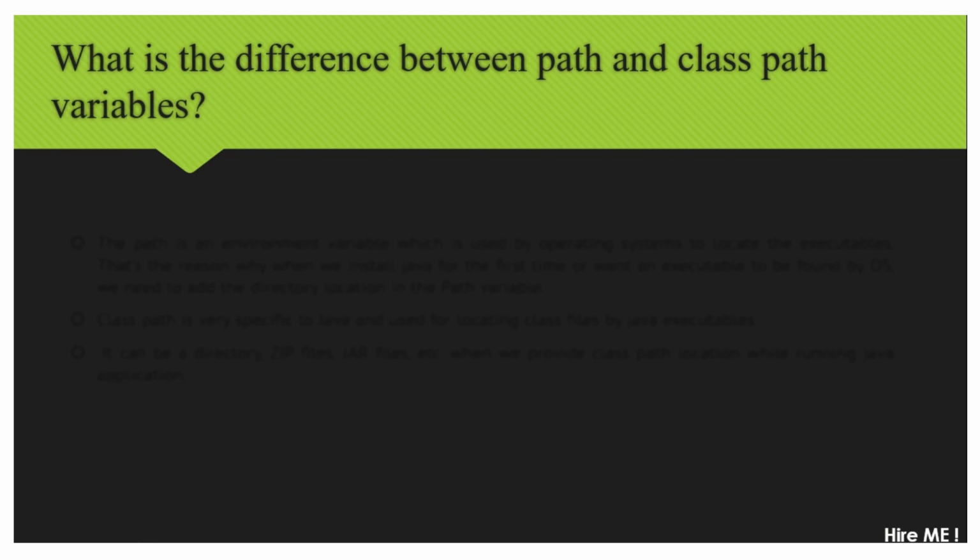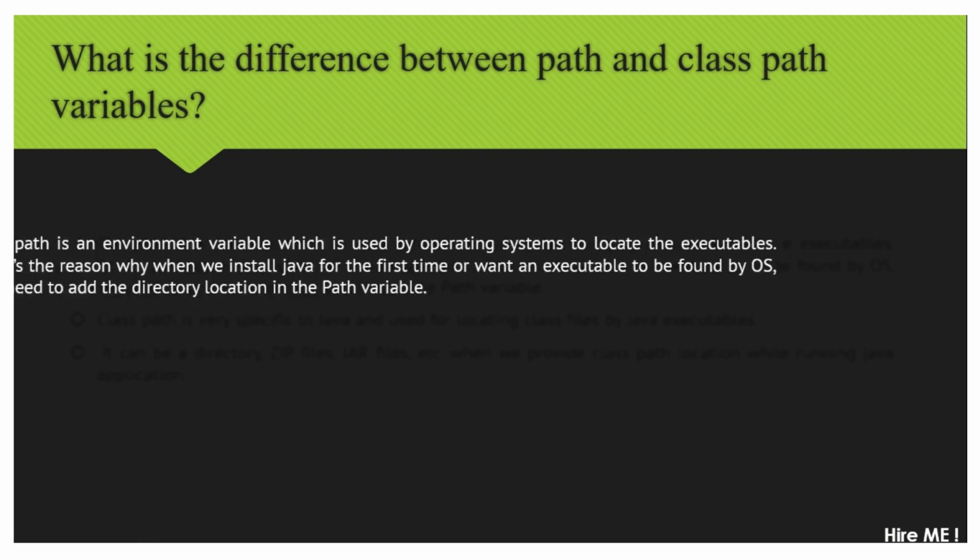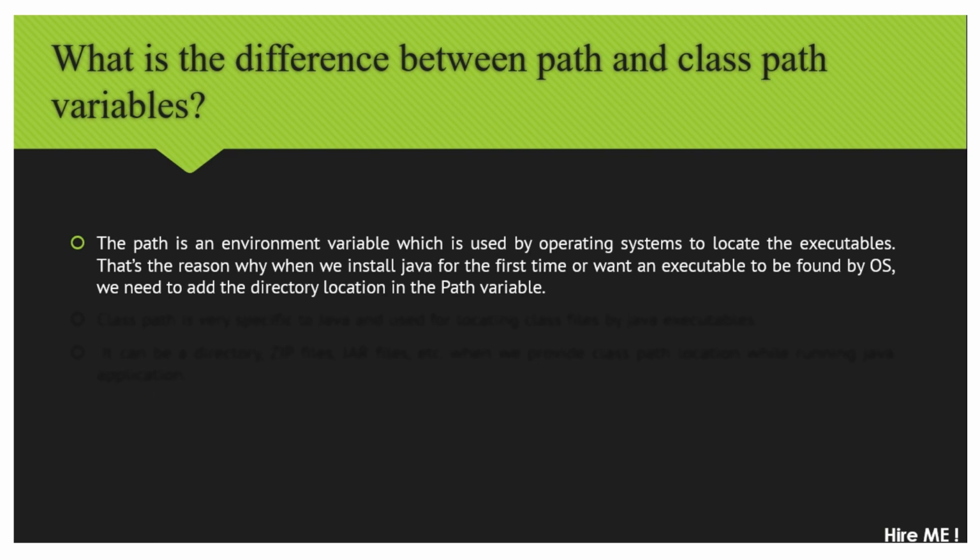What is the difference between path and classpath variables? Now, what is meant by path? Whenever you write a Java program, you save it in some folder on your operating system. Whenever you run it, you should be able to provide the path where the Java executables, or the Java programs, are stored on your operating system.